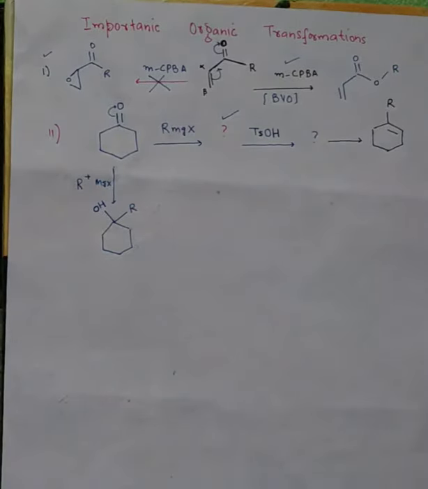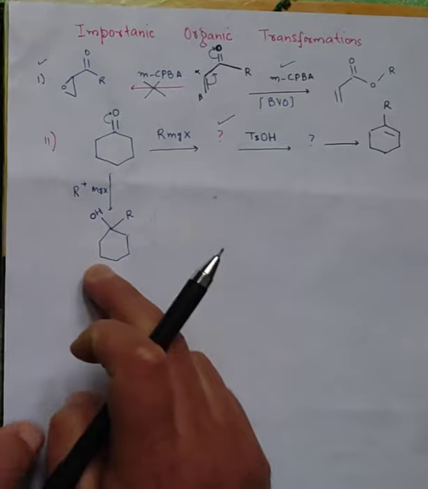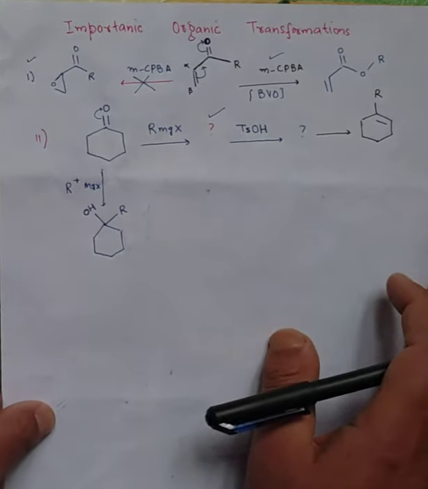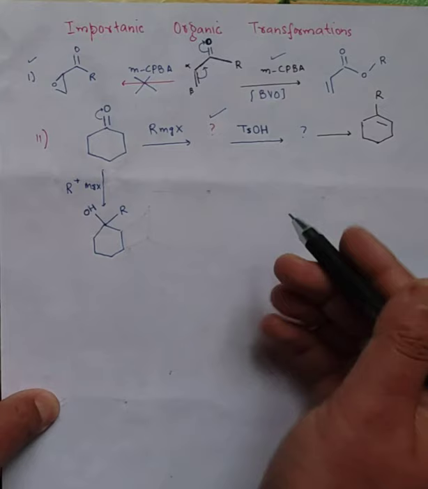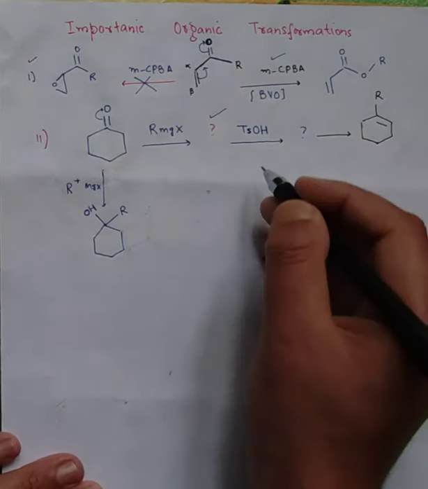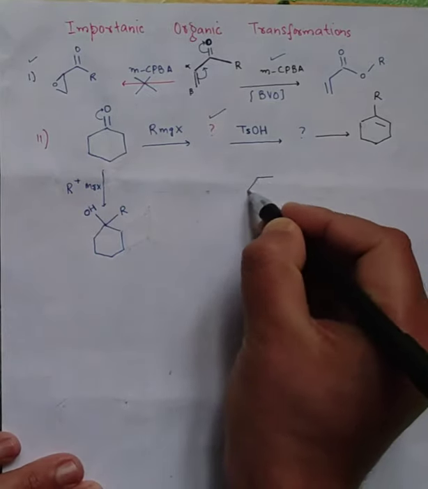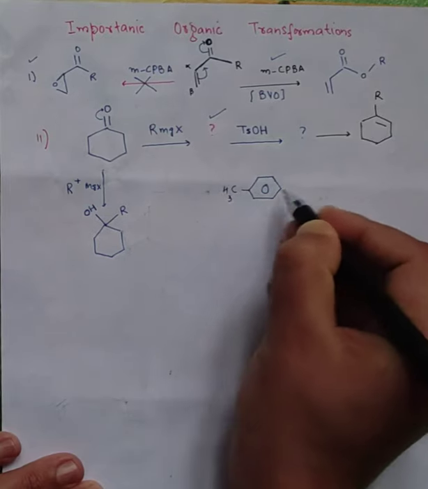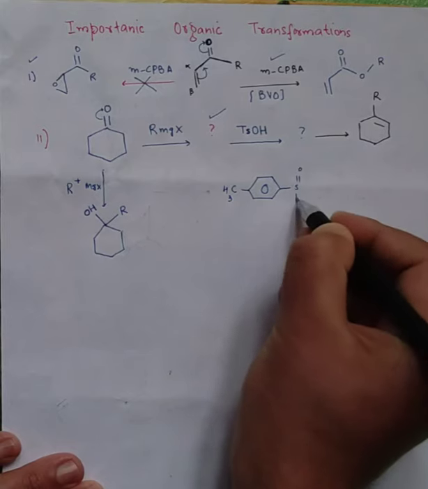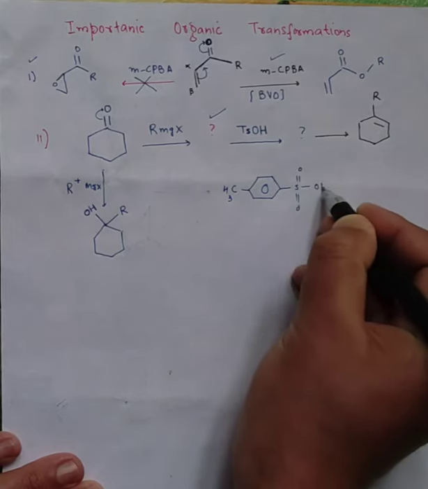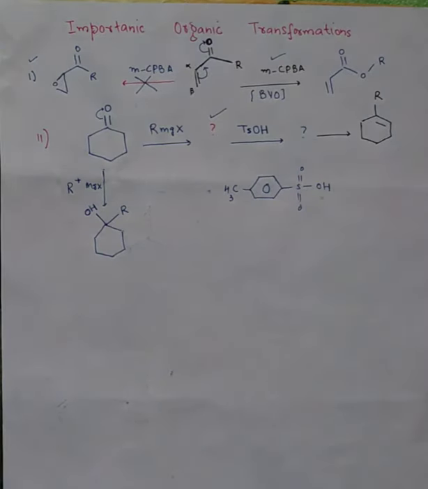Okay. Now, after that we have to treat this compound with para-toluene sulfonic acid. Fine. So para-toluene sulfonic acid, we know what that is. You have this benzene, at this position this is a methyl group, and this is sulfonic acid. This is your para-toluene sulfonic acid. What this reagent does is that it helps us in removing the oxygen from the ring.